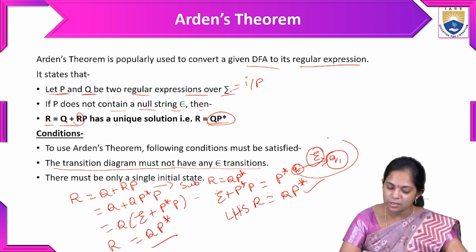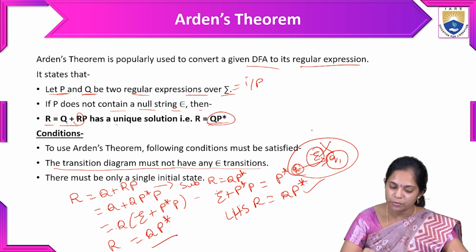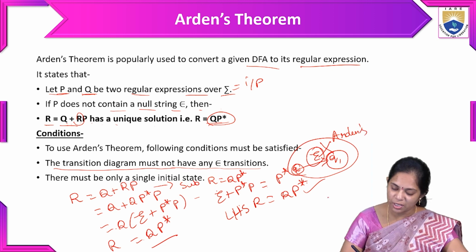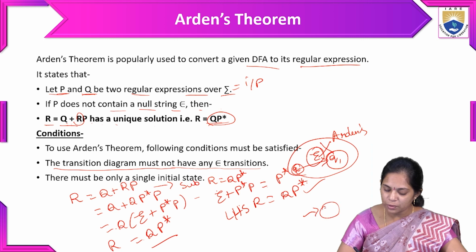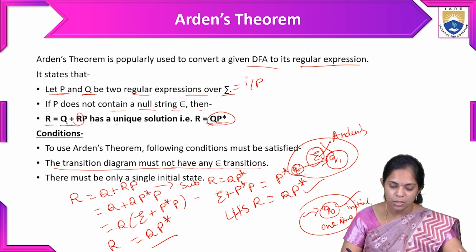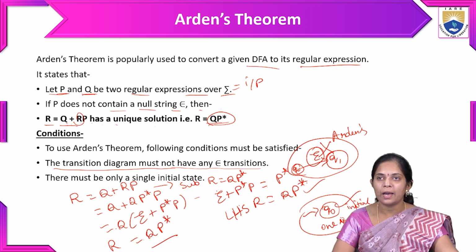This kind of transition should not be allowed for using Arden's theorem. And there must be only a single initial state. So these are the conditions to use Arden's theorem.